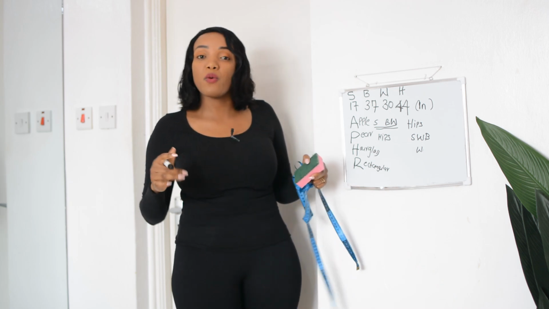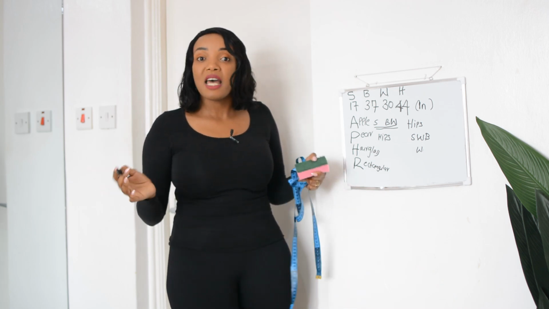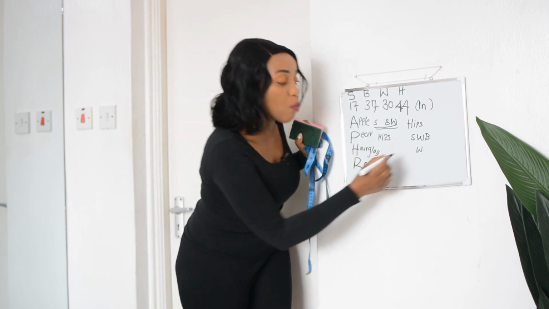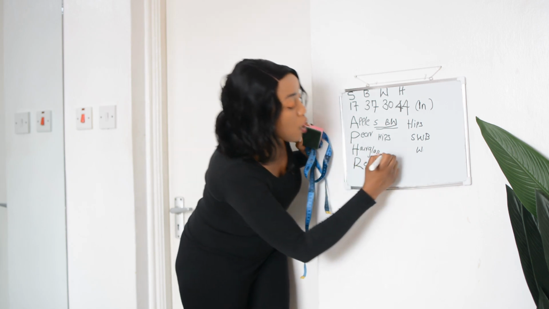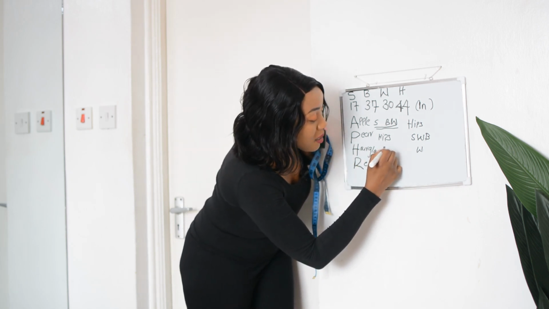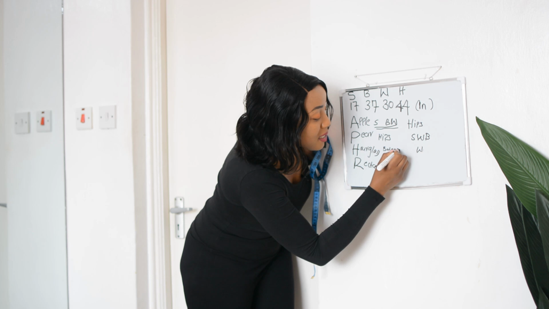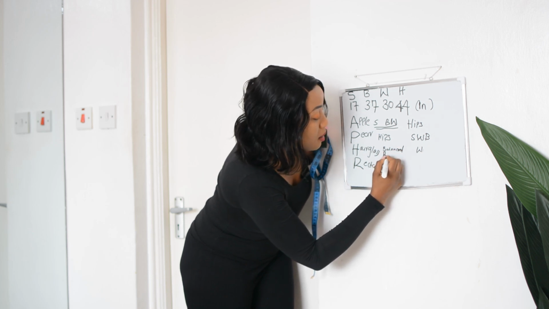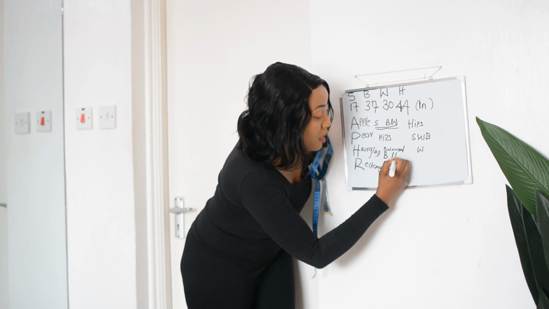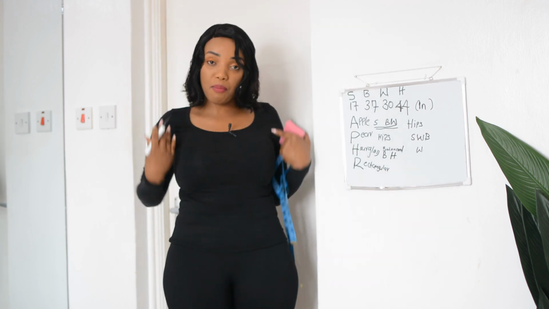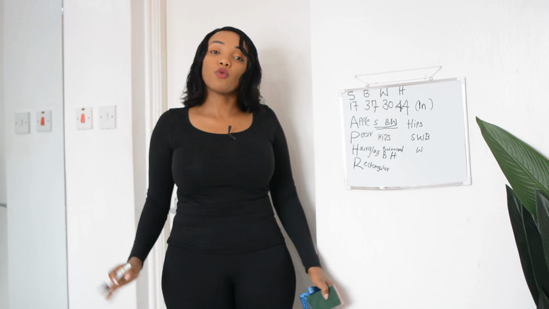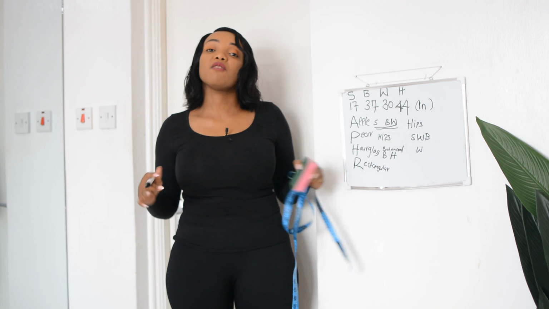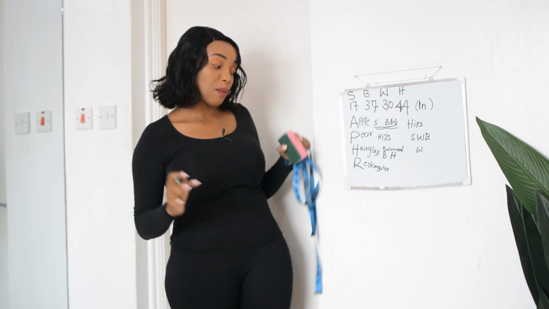Maybe they will differ by 2 or 3 inches. The difference is not too much, but these people have their waist as the smallest area. So for the hourglass, they have a balanced waist, bust and hips. The shoulders and the bust area are almost in the same space here. But when it comes to the waist, this body type is defined by a very small waist. That's what I'm talking about.